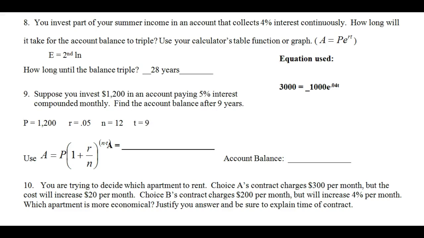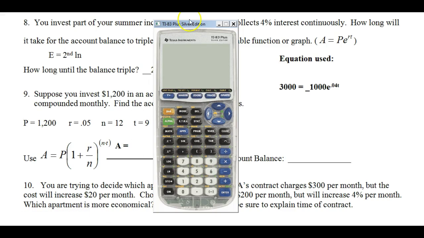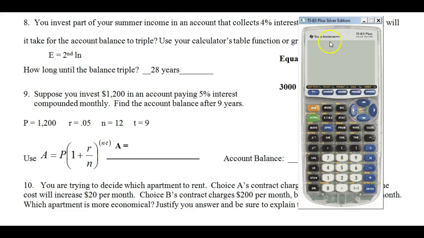So I have all the numbers this time. Again, I don't have to go to y equals, but I could. So what I'm going to do is get this punched into the calculator. Okay, so for the A equals part, and I'll have that up here in just a minute. It'll just miraculously appear.